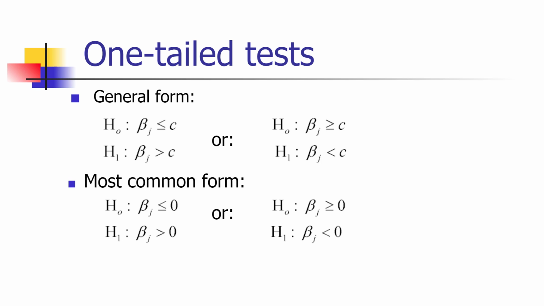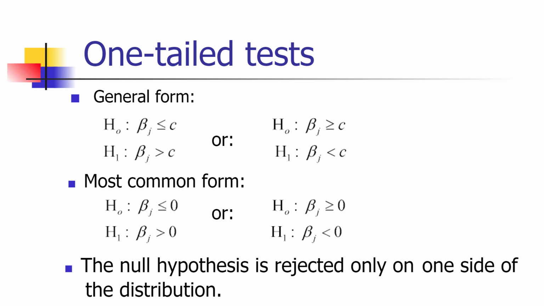So if you can reject the null hypothesis on the leftmost condition on the bottom of the screen here, that would indicate that beta j is significantly positive. And we'll talk about what it means to be significant shortly. On the right, we start by assuming it's greater than or equal to 0, or non-negative. And if you can reject that, that would provide evidence that it's negative. In the case of a one-tailed test, you can only reject the null hypothesis on one side of the distribution.